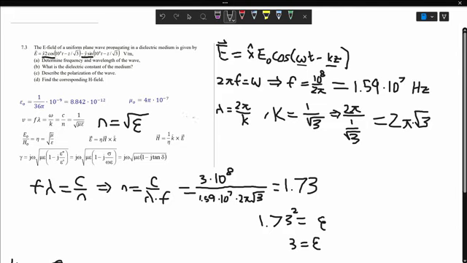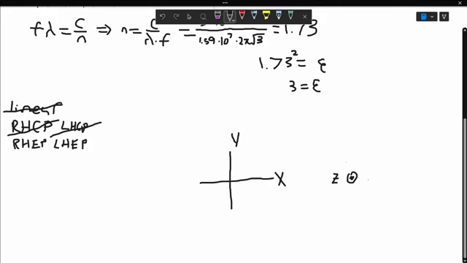All right. Now this is also the direction of k, right? k is in the positive z direction. So k is also in this direction. Just going to denote this here. So k is the direction of propagation.